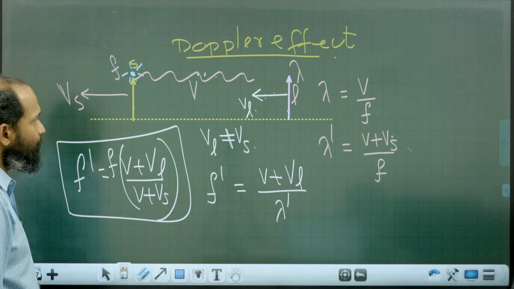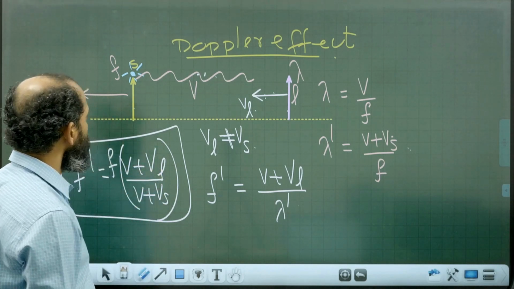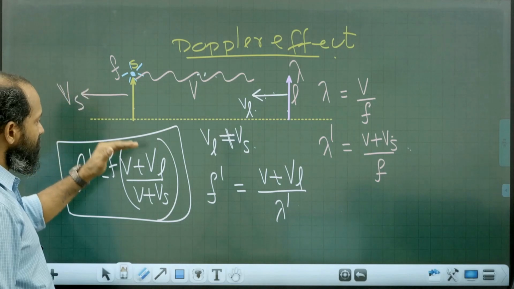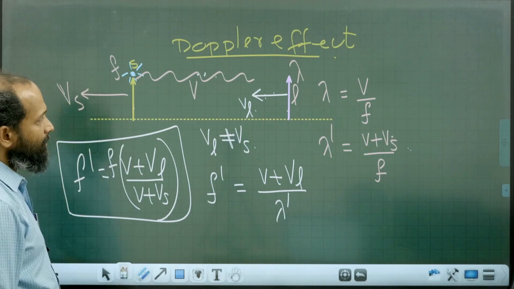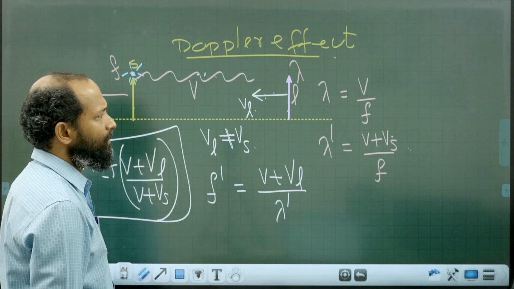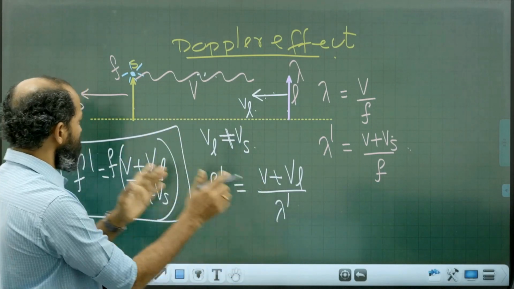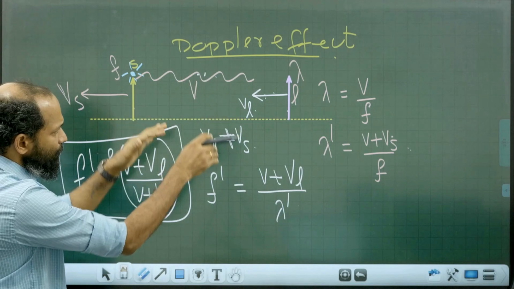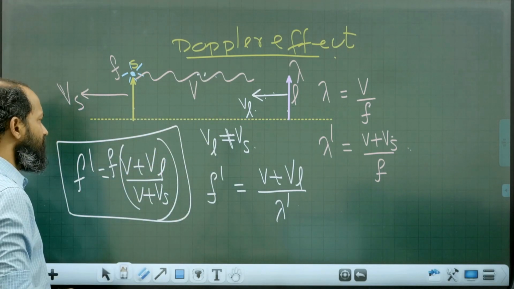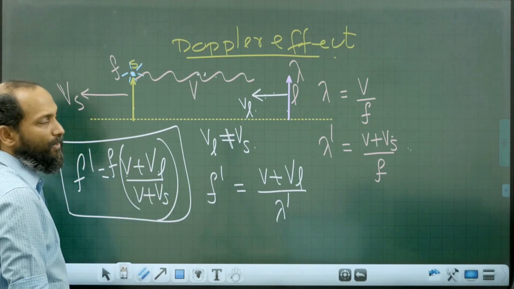From this you can develop the frequency when the listener is at rest and the source is moving away or approaching. When both are moving in the same direction but the source chases the listener, you get V minus VL by V minus Vs, which is in your textbook.